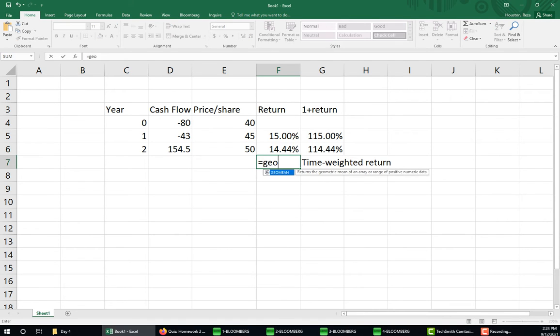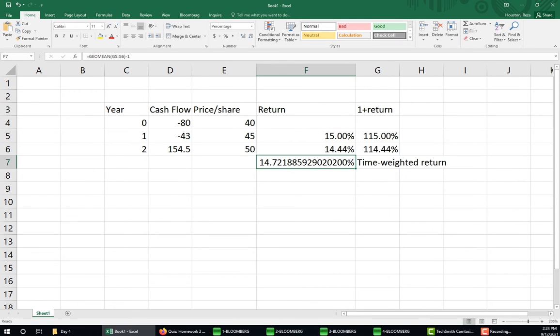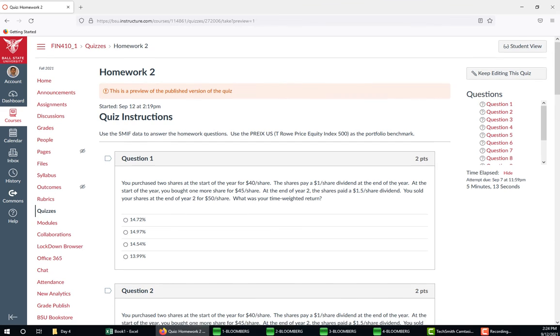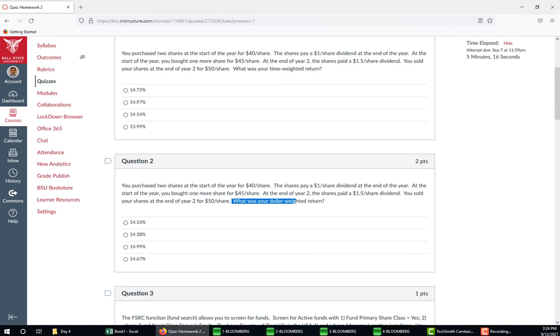So equals geomean, highlight our 1 plus returns, and then subtract 1 because I added a principal to get these 1 plus returns. And so our time-weighted return is going to be about 14.72%.